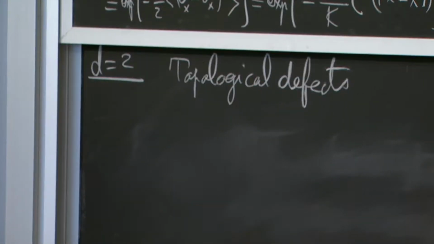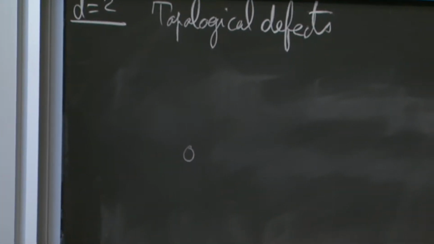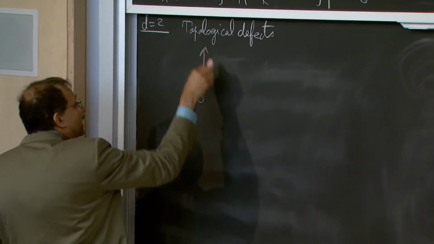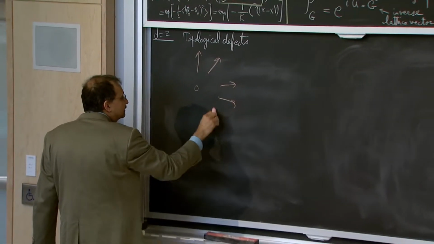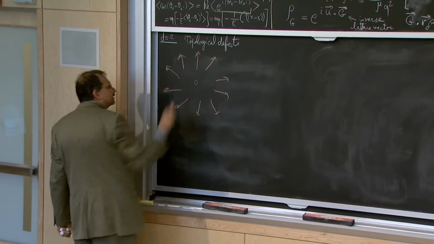And the story here was that, as I have been discussing, the angle is undefined up to 2 pi. So you could have a configuration of angles that radiate away from the origin.